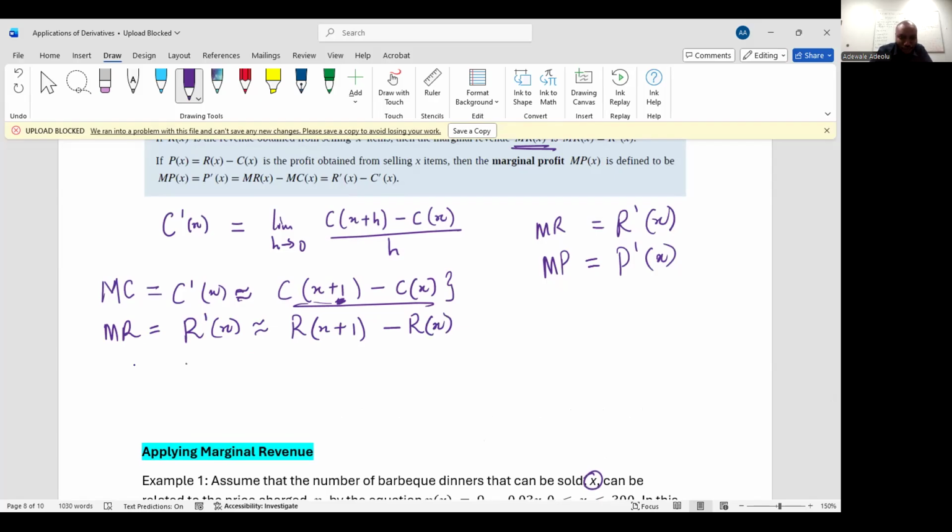Now look at this. Suppose I'm looking for R of 101.